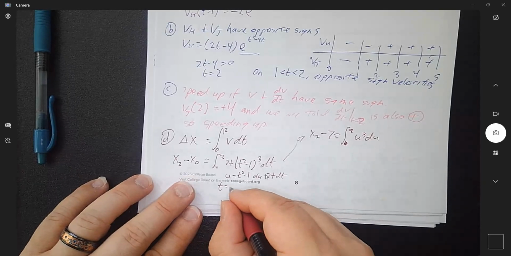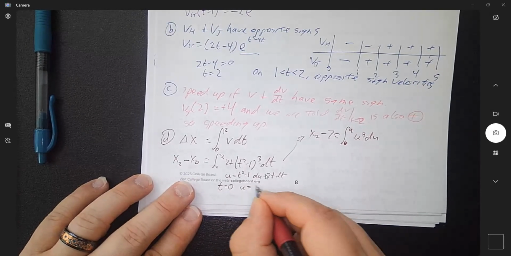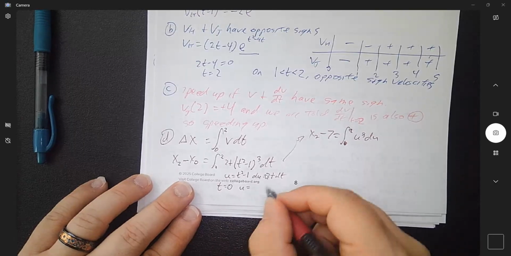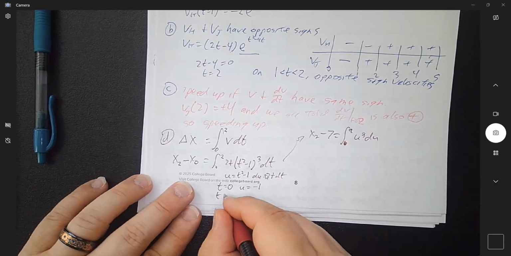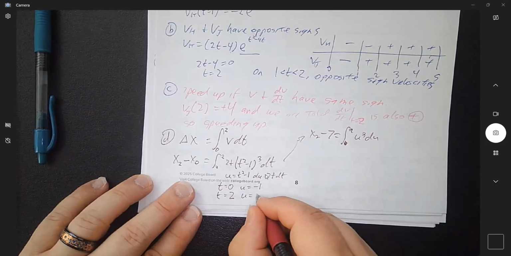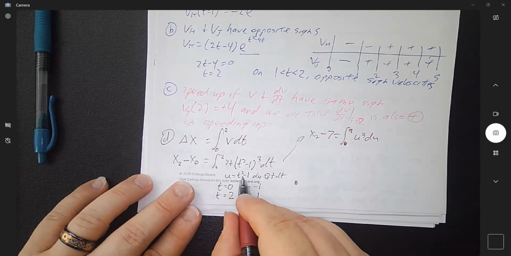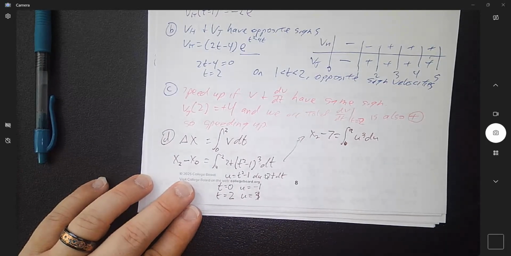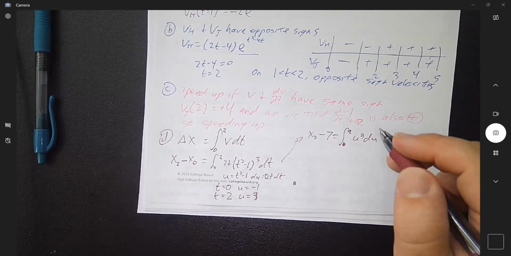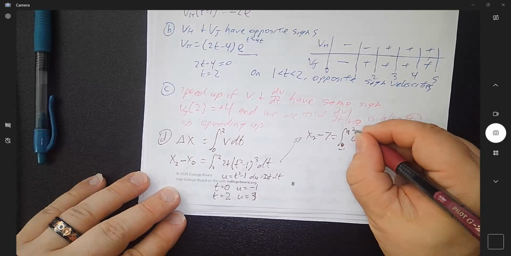So at t equals 0, u is equal to -1, and at t equals 2, u is equal to 2 squared minus 1, which is 3. Okay, let's make sure we get that right. So I'm going to go from -1 to 3.